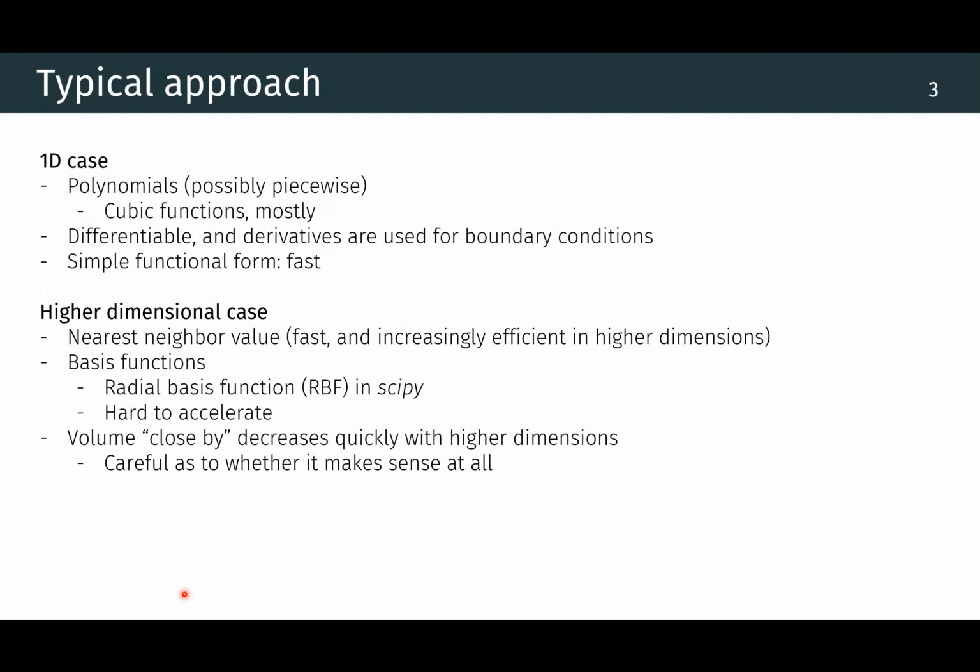Now, if you say, I'd like to have it accurate, so not only fast, but also accurate, then there is a clever way of doing that. It's basically putting basis functions at some point in space. You can imagine as if you were to put a Gaussian somewhere in your high dimensional space, and then say that the value at that point has some impact in the vicinity thereof.